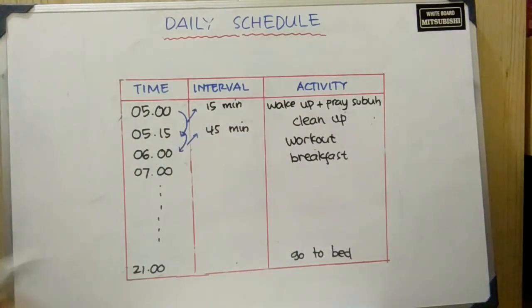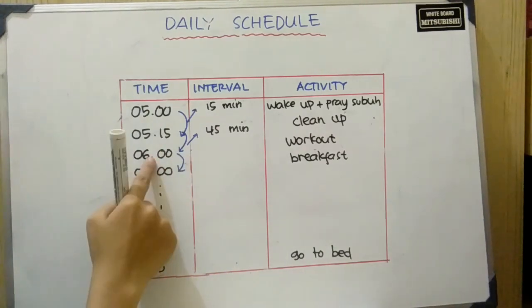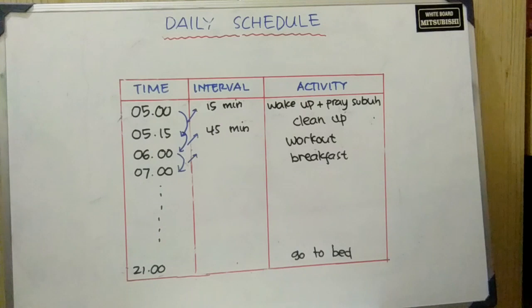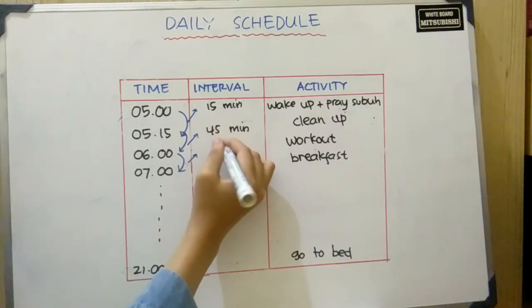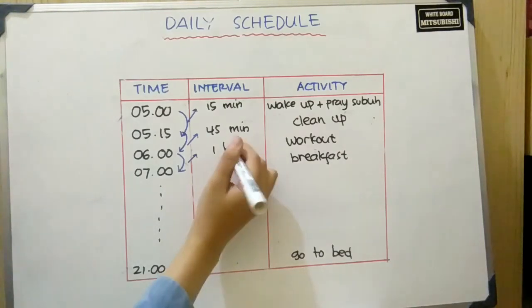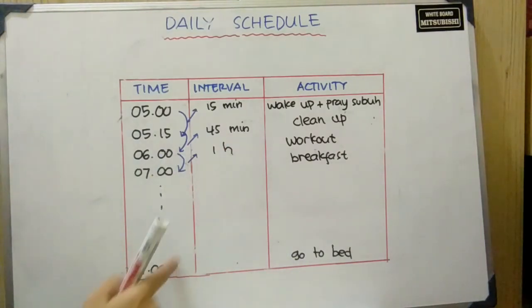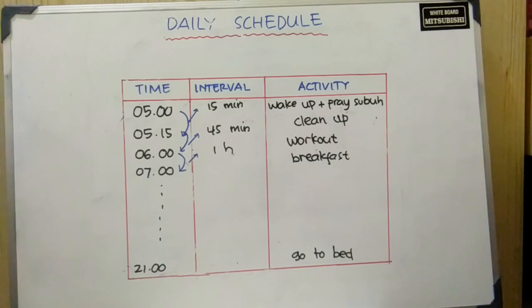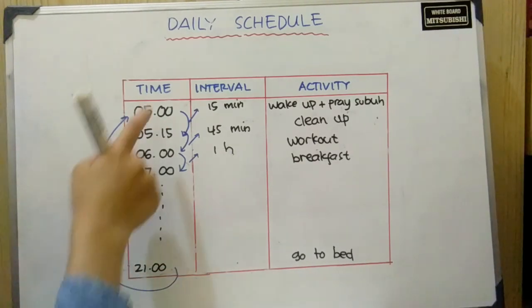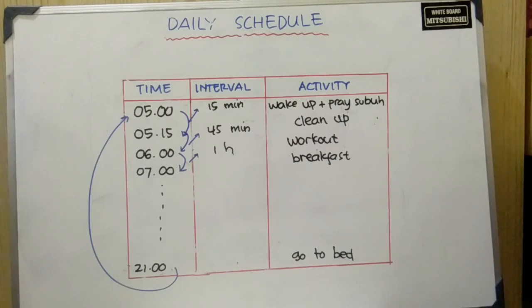And from 6 to 7, it is 1 hour. Now for the interval of the last activity, we can calculate from 21 o'clock until 5 o'clock. So that is 8 hours.